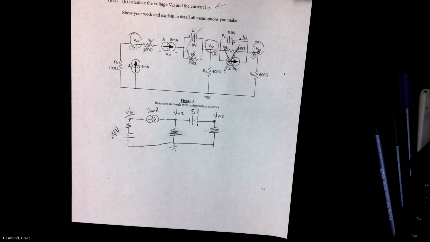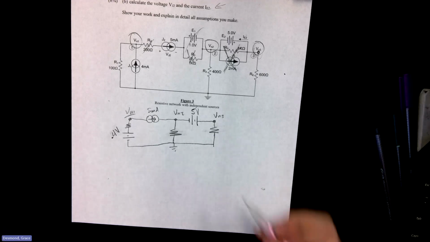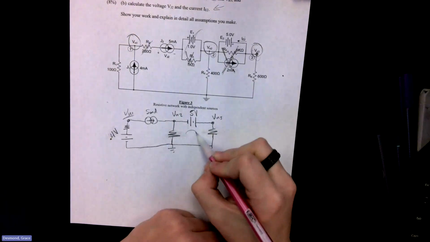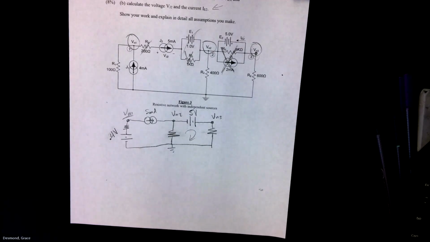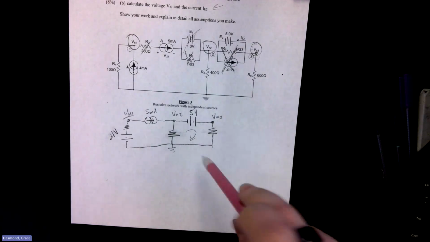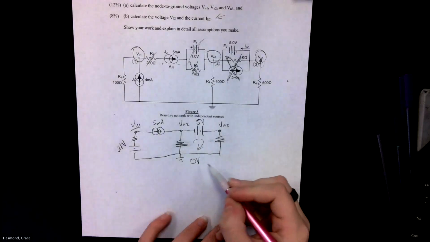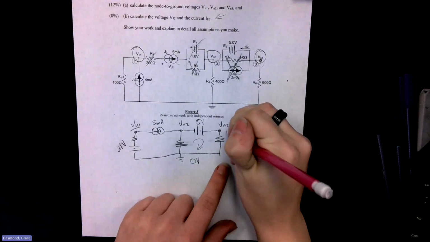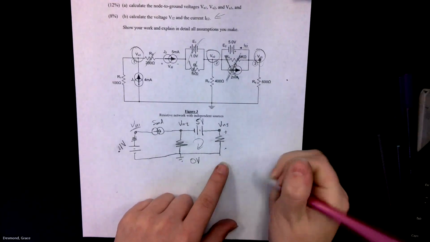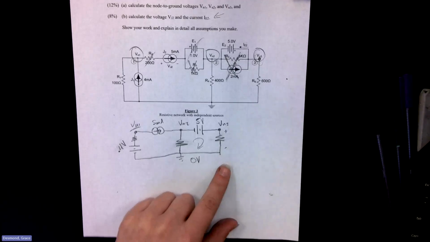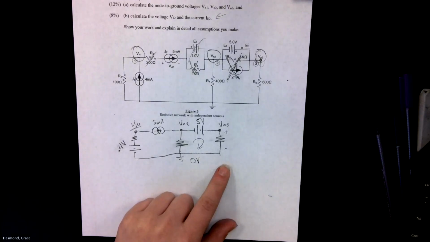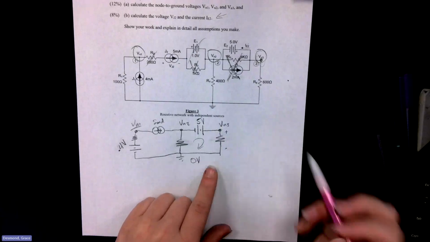So the reason that I like VN3 is because we can figure out what the current here is, right? And then because this is 0 volts, we can find what the voltage drop here is. And then that's going to be what VN3 is, right? Cool.